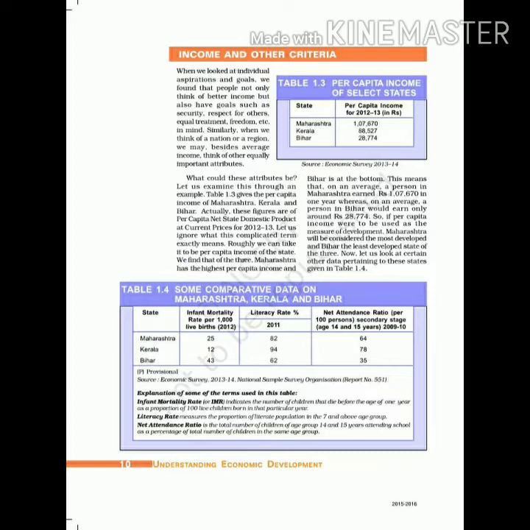Let's see per capita income of states Haryana, Kerala, and Bihar.